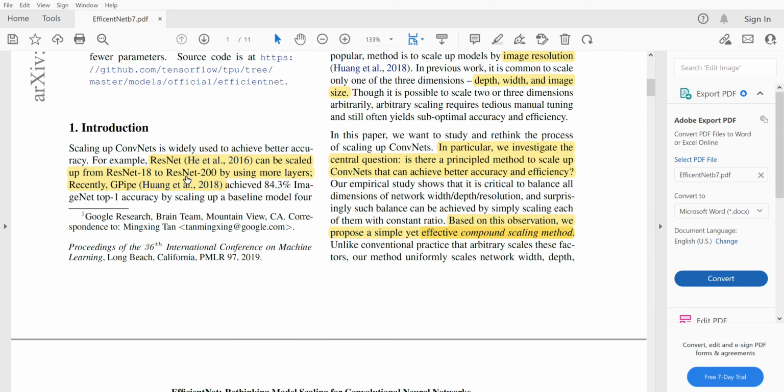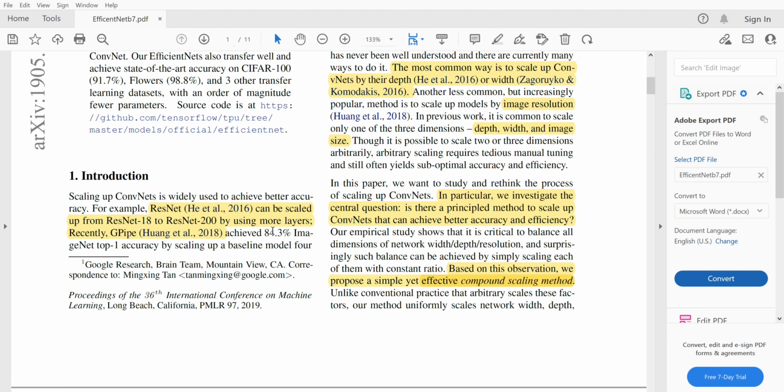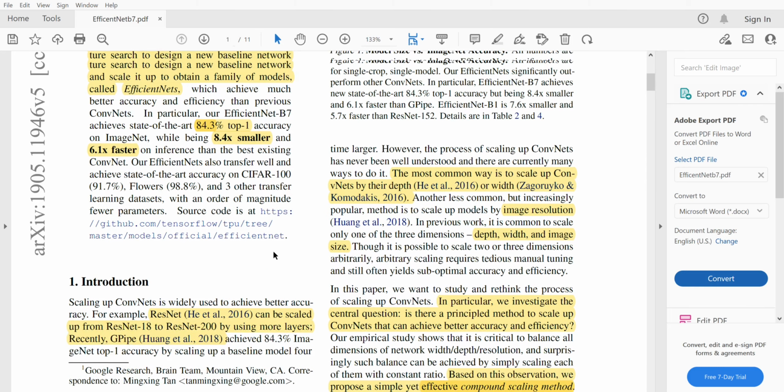Okay, so in the introduction, they say that the first breakthrough was obviously ResNet in the advancement of computer vision tasks, in which ResNet goes from 18 layers to 200 layers and achieves 84% accuracy on ImageNet.